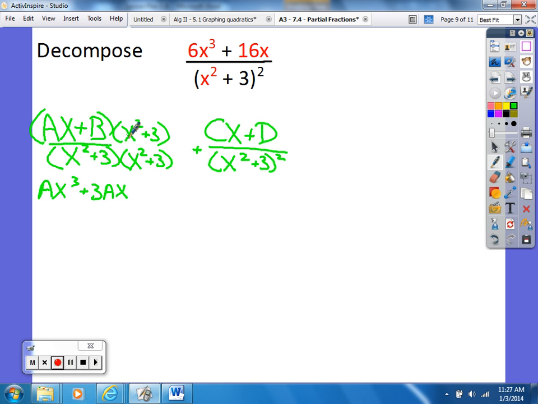What's B times x squared? What's B times 3? Not yet. See how I still have the, I'm almost there. So I need to write plus. Equals.